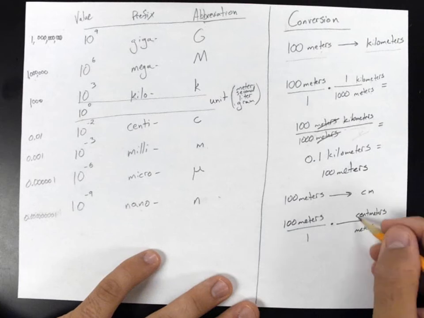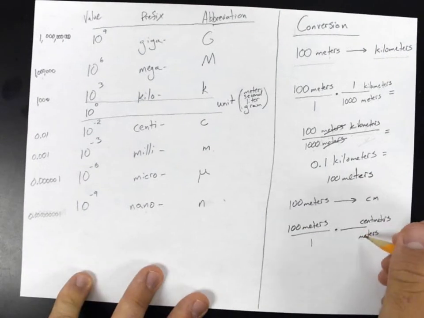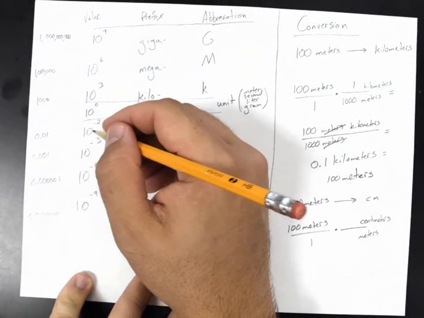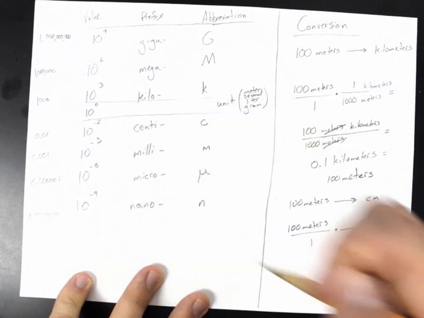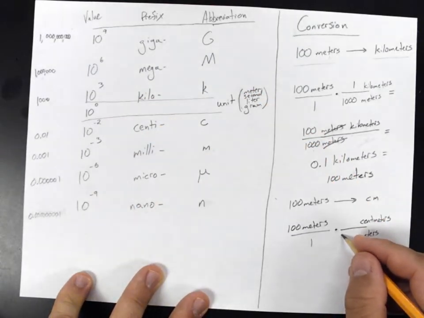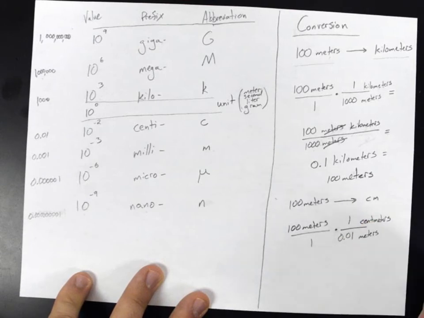Now we have to remember how many meters are in a centimeter, or the opposite way around. There are two ways of looking at this. You can look over at your table. There are 10 to the negative 2 meters for every centimeter, so you could write it as 0.01 meters for every 1 centimeter. That's one way you could do it.